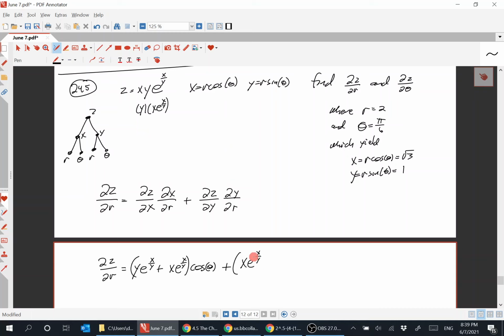Plus y times the derivative of this with respect to y. So that's minus, so x times minus x over y squared e to the x over y, times dy/dr, which is sine theta.